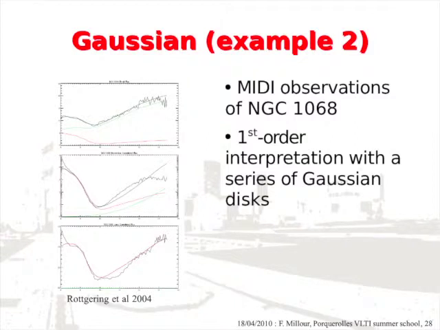Another example of using Gaussians to model objects. This is on an AGN, so it's not a star, an AGN. So you see you can also do non-stellar astrophysics with interferometry. They used Gaussian profiles to interpret the data on this specific object.